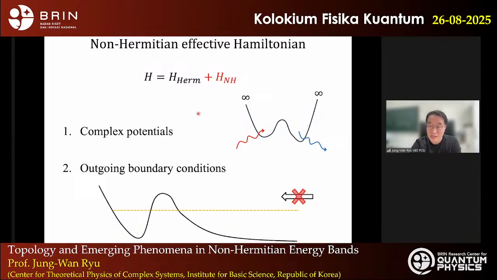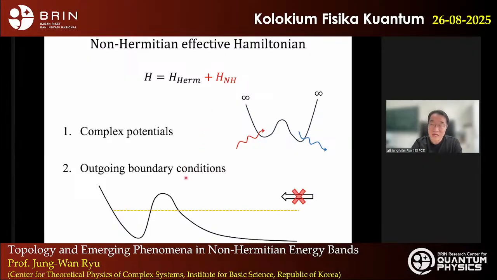This is one way. And another way is that we can control the boundary condition. For example, in the conventional Hermitian Hamiltonian, there are incoming and outgoing boundary conditions together. But in the non-Hermitian Hamiltonian, if we use only the outgoing boundary condition, in that case we can construct a non-Hermitian Hamiltonian because this boundary condition is included in the Hamiltonian.